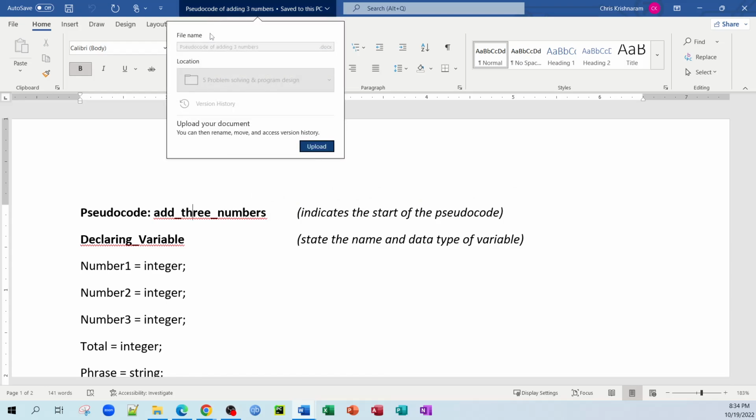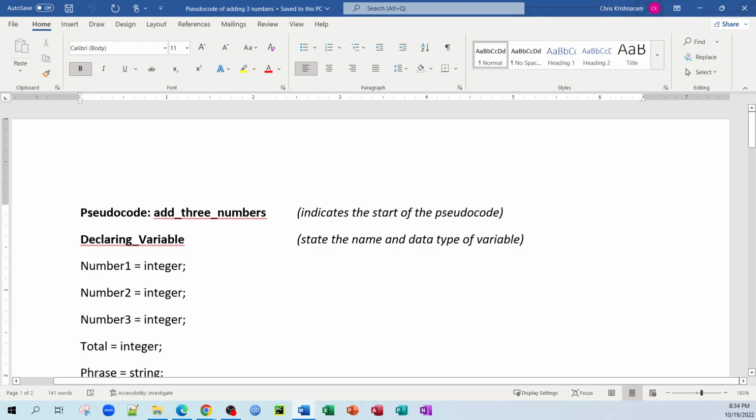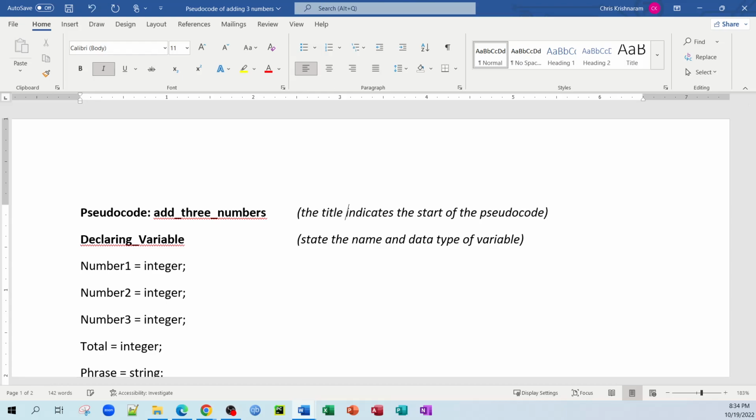If you look at the top here, this is a pseudocode for adding 3 numbers. This is the purpose of the program. So we have a title, and this is just a comment outside here. This indicates the start of the pseudocode.